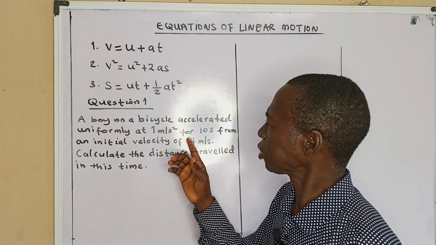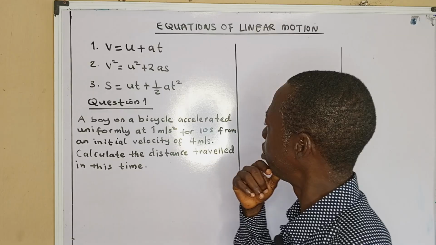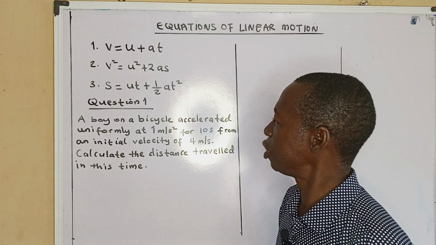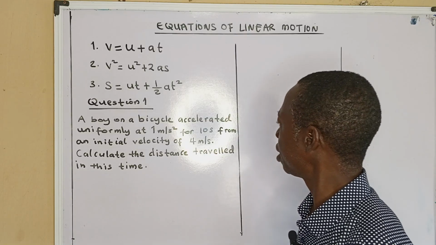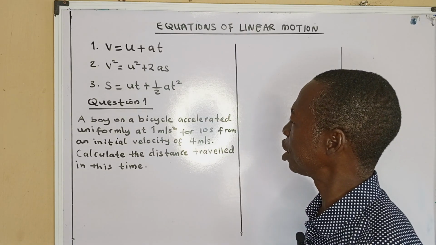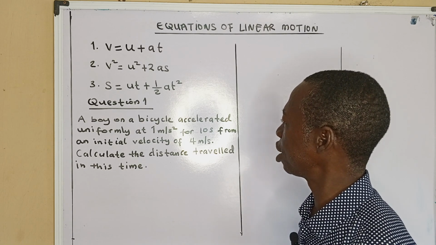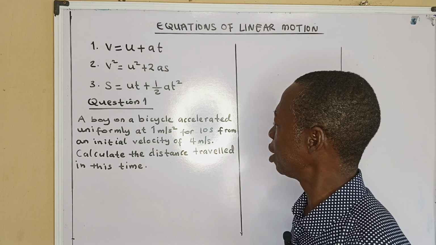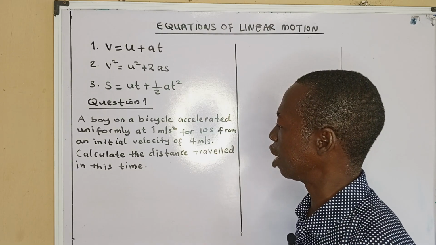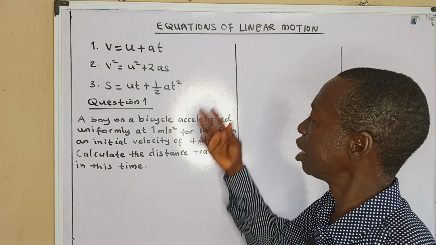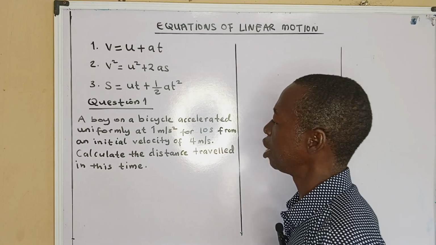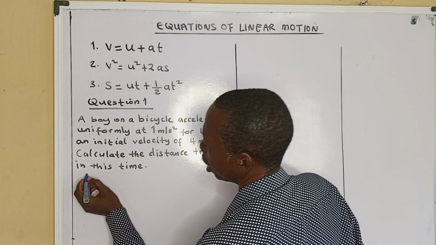Now it says a boy on a bicycle accelerated uniformly at 1 meter per second squared for 10 seconds from an initial velocity of 4 meters per second. Calculate the distance traveled in this time. So let's see how we solve this problem by applying the equations of linear motion. So I'm going to write solution.